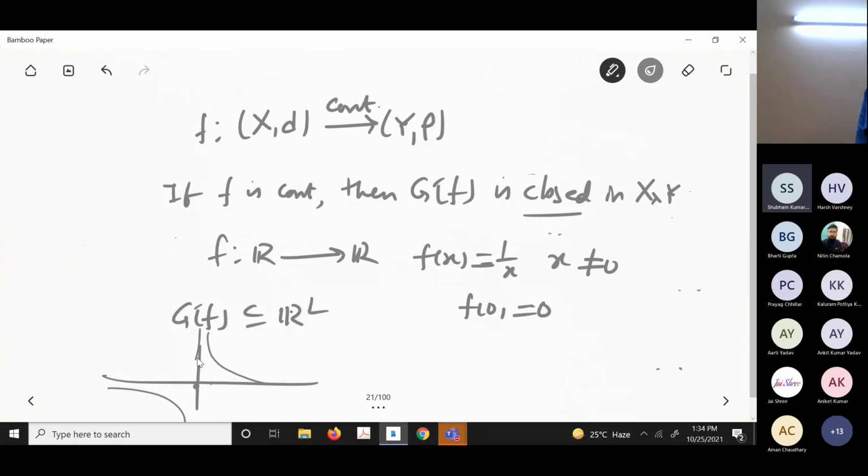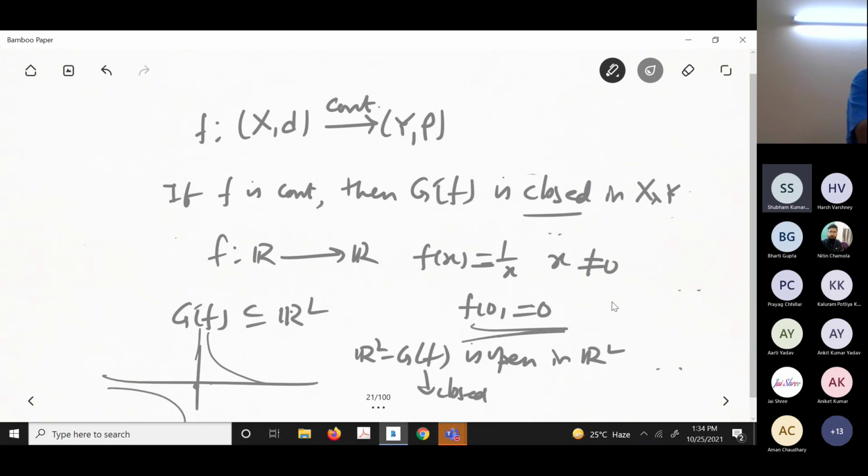This is closed because if you take the complement, R square minus G_f is open. And I told you that is an equivalent metric in R square that we usually take. So if you take the product metric, it doesn't matter which metric, open in R square. So this one is closed. But this function obviously is not continuous because it fails to be continuous at 0. So this is not sufficient. If the graph is closed, then it may not be continuous.